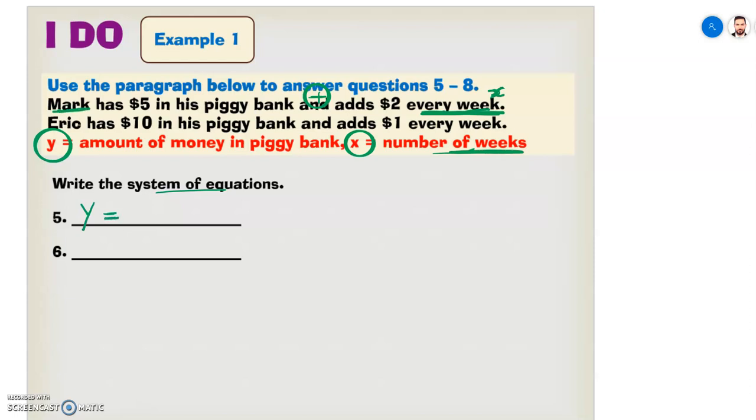What do you have here? Mark represents number 5 and Eric represents number 6. Mark is question 5. He has $5 in his piggy bank and adds $2 every week, so 2x plus 5 in his bank.